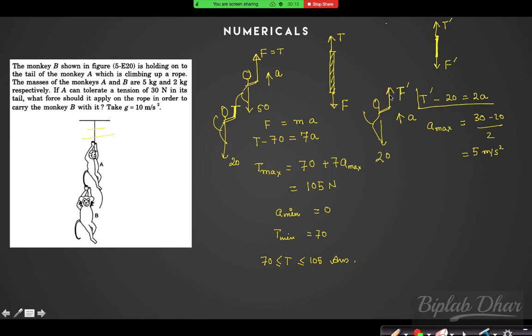Similarly, there will be an F prime downward on the tail of the upper monkey, the reaction. And the tension I have assumed to be T prime. There is no acceleration of this part of the string, so I can easily say that T prime is equal to F prime. Right? Yes, the same thing.